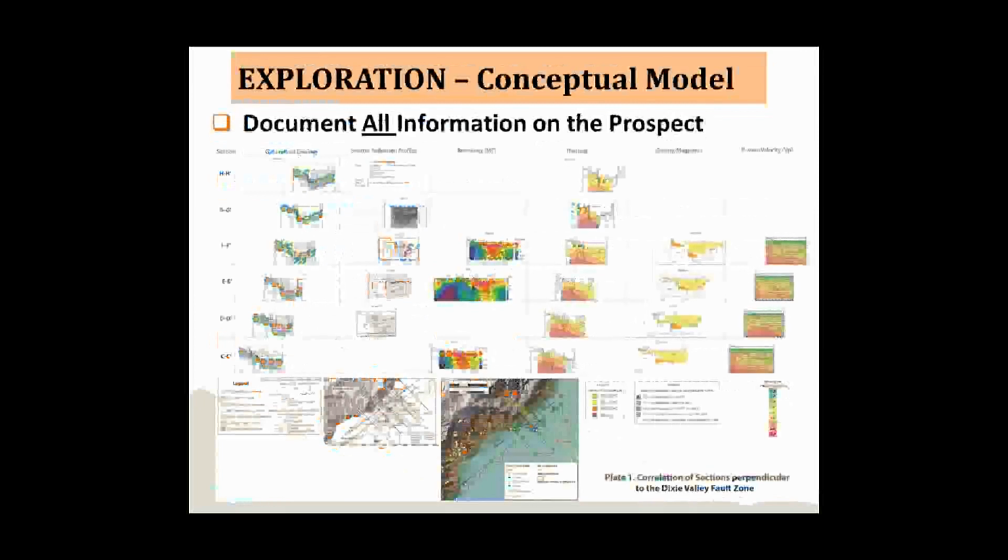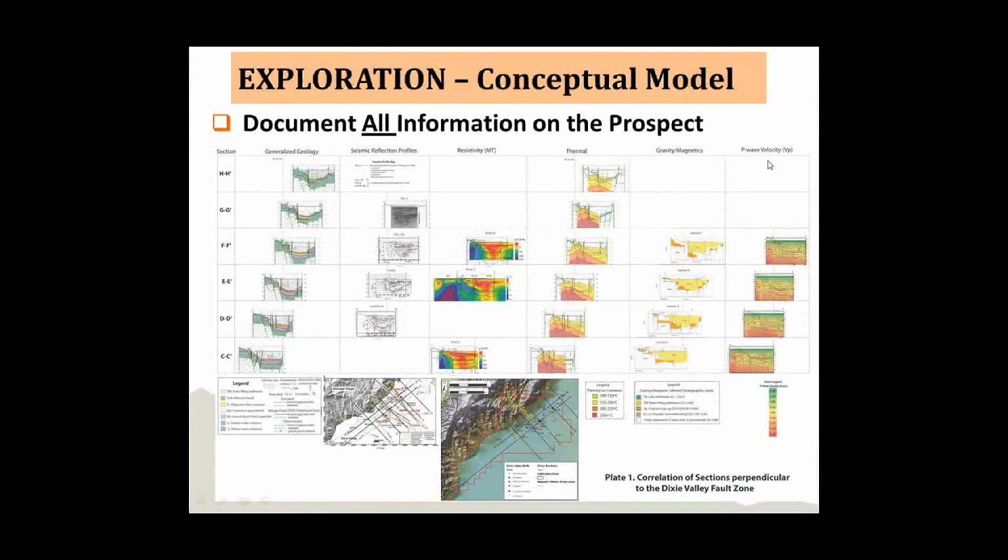Here's an example of a part of a conceptual model that comes out of our calibrating the EGS methodology project. This is a plate that summarizes all the data sets we have for this particular project: the generalized geology, the seismic reflection profiles, the resistivity determined by MT, thermal data, which are all temperature data, gravity and magnetic results, and P-wave velocity.